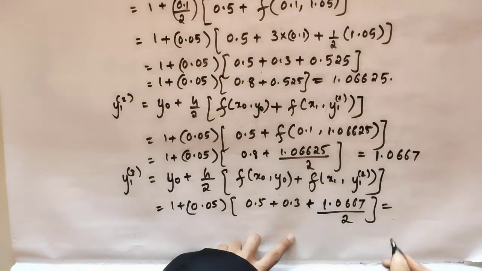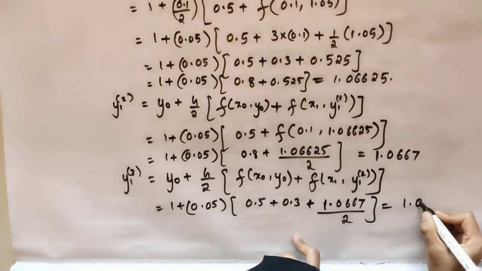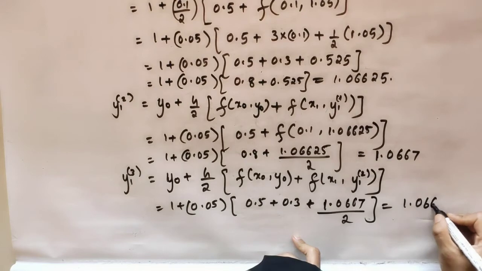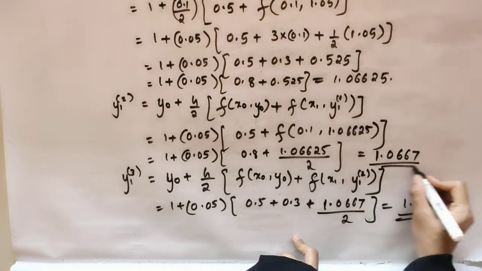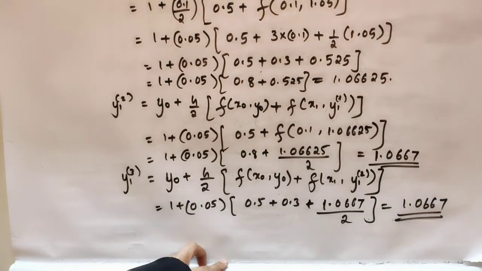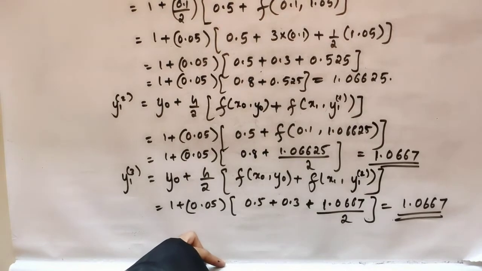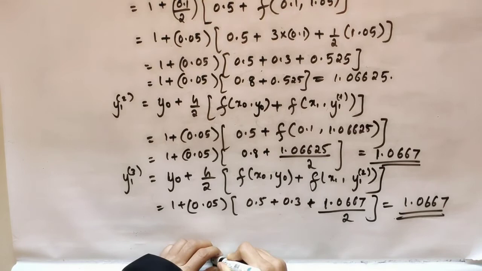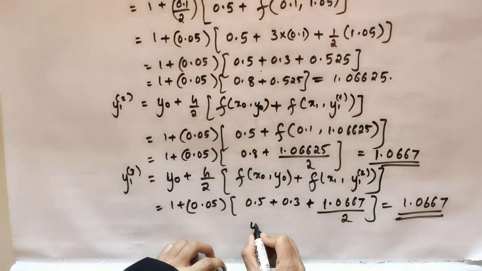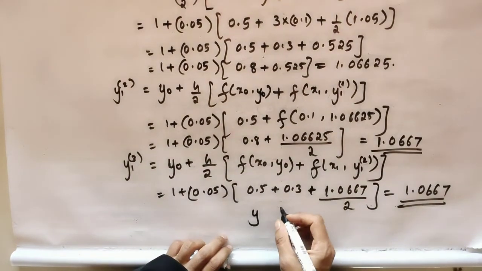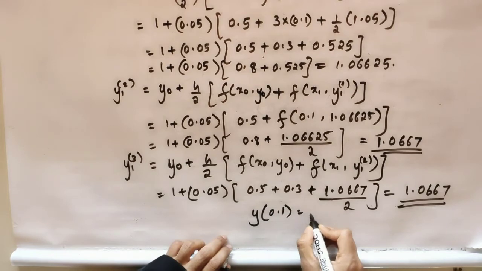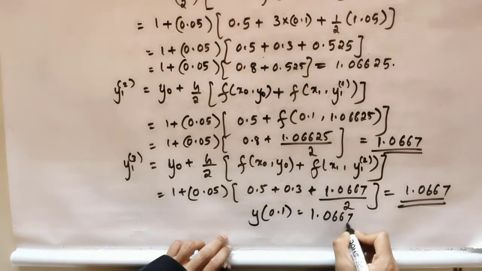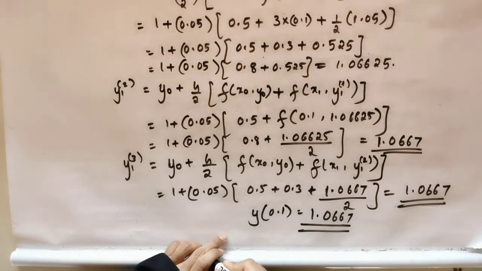If you just put this in your calc, you will end up with 1.06667. So for 2 successive steps you have got the same decimal values. You are going to consider up to 4 decimal places at the end. I hope this is clear to all of you. So this is going to be y of 0.1 is equal to 1.0667. Take this as the final answer for stage 1.